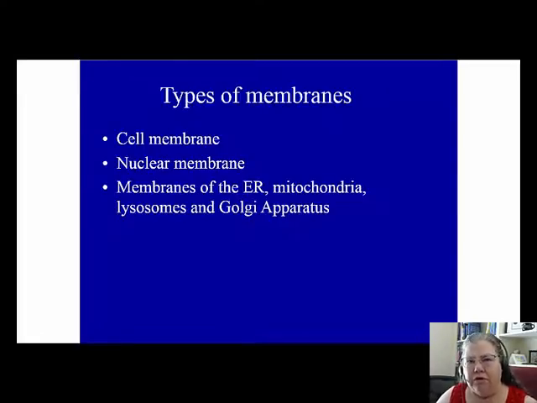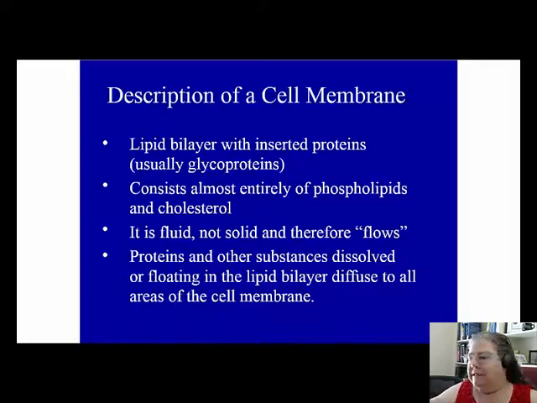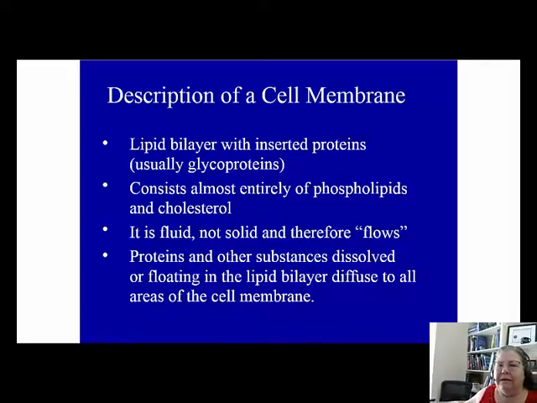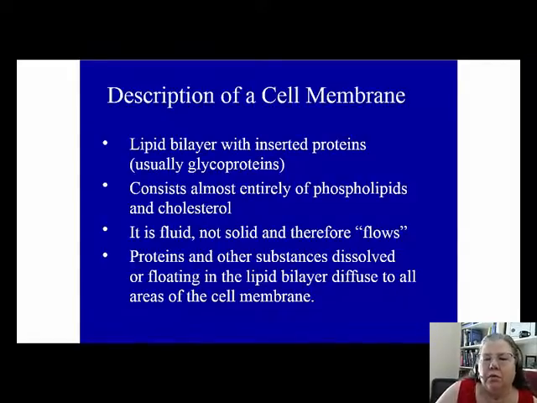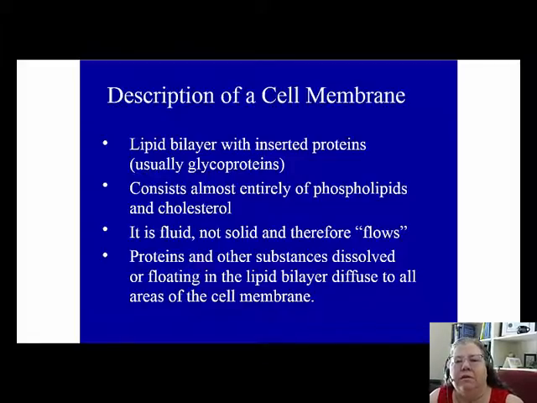But they are all surrounded by lipid membranes. The cell membrane itself is a lipid bilayer. So we'll show you that in a minute. It's a lipid bilayer composed of phospholipids and cholesterol.